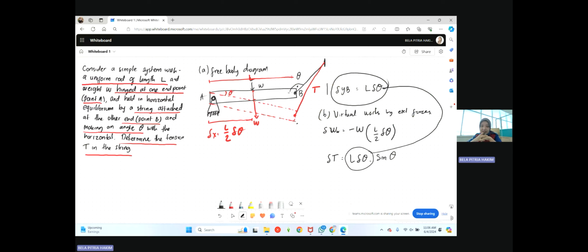After this, we apply the principle of virtual work, which means everything has to be in equilibrium, where sigma F equals 0 and sigma M equals 0.